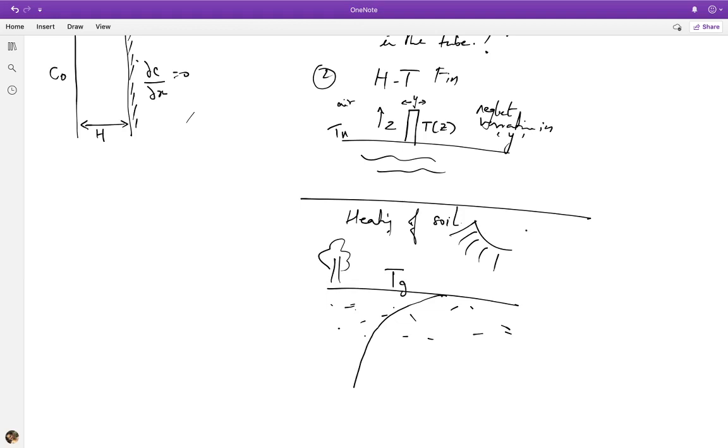And that will change from season to season, so the depth to which you will have relatively warm soil will keep changing. So in this type of problem, where the slab is basically practically infinite, we are more interested in the length scale, LC, to which the temperature can penetrate, and we want to know how this varies with time.